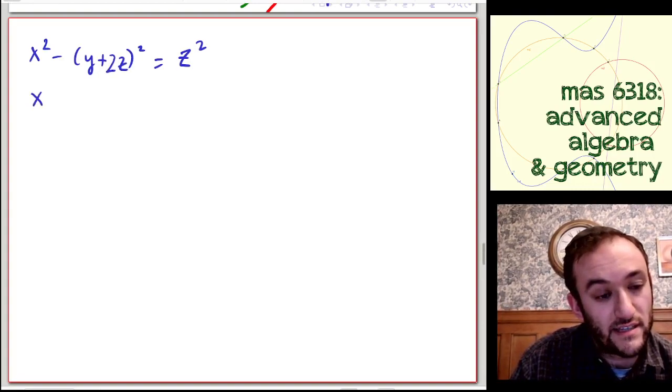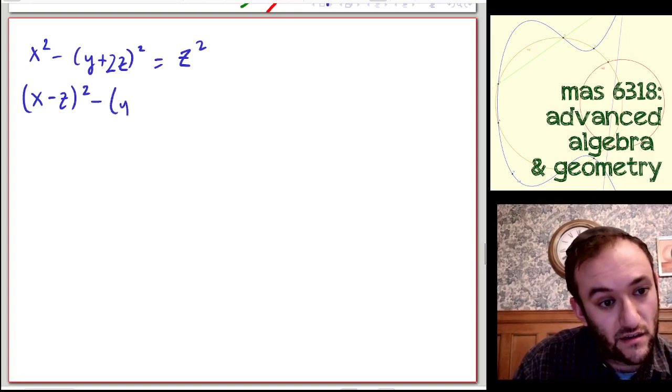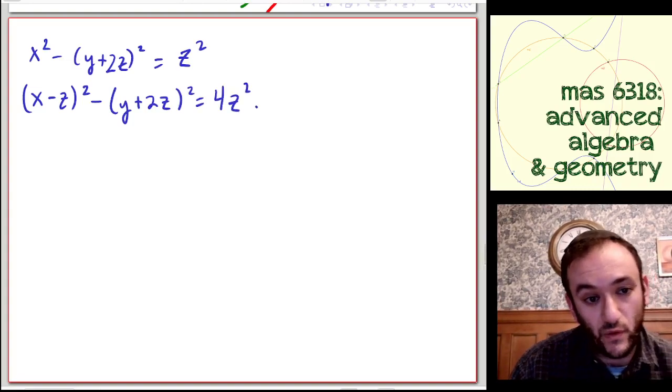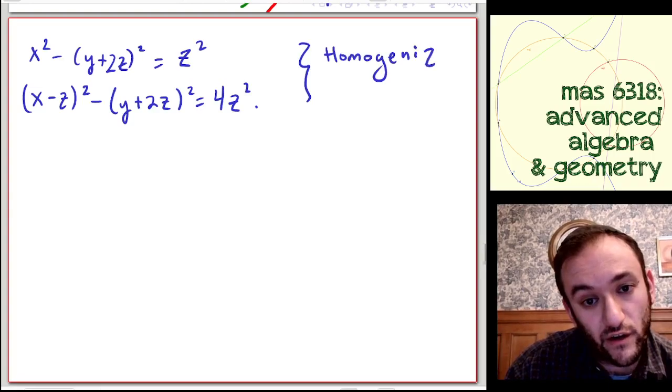As for the second equation, it's (x minus 1), that becomes (x minus z) squared minus (y plus 2z) squared equals 4z squared. Okay, so these are the homogenized versions of our equations.